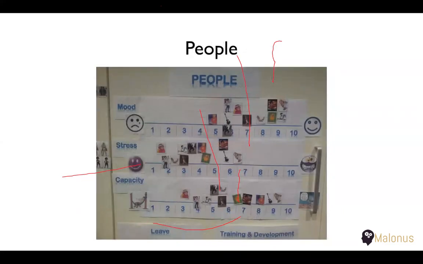So this was a picture of a team, and they were not really using agile, but they were using information radiators. With this, you can see the mood of the people, mood, stress, capacity, and in case they are going towards the sad sign, then you have to take some action and see what is happening for those people.